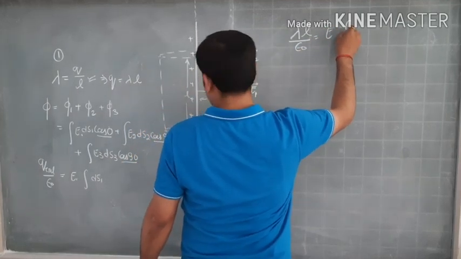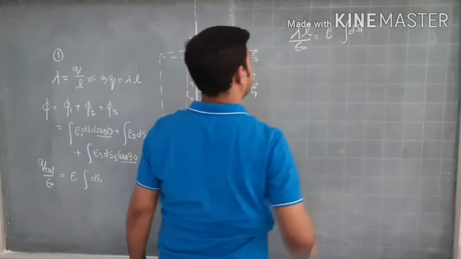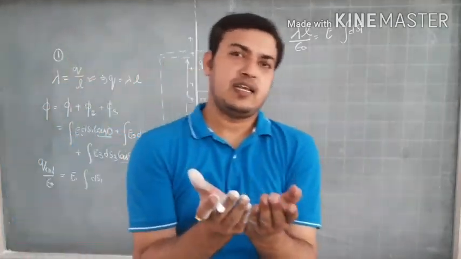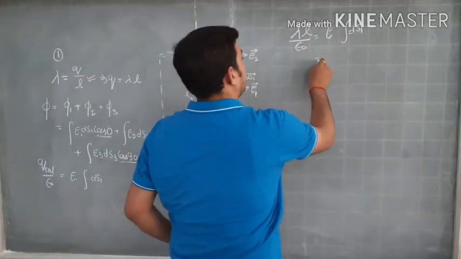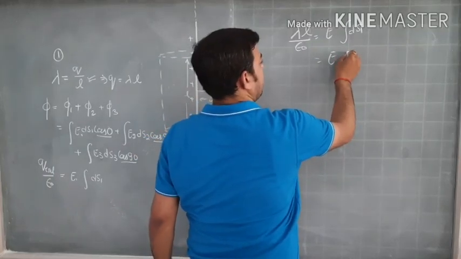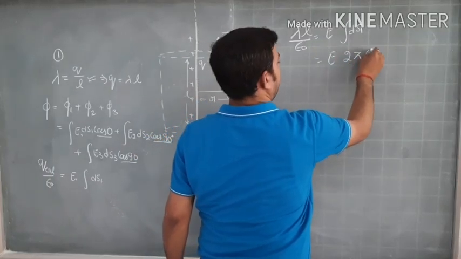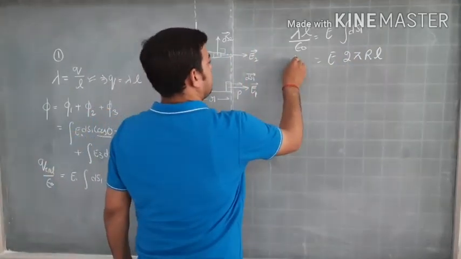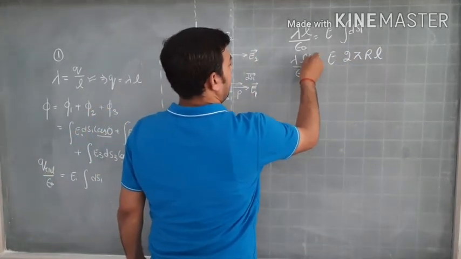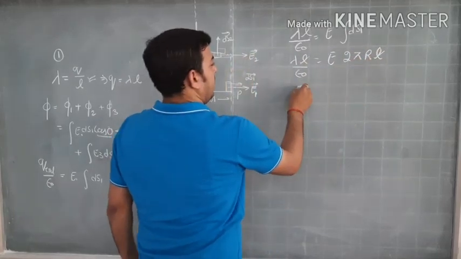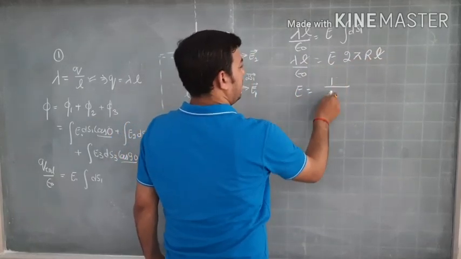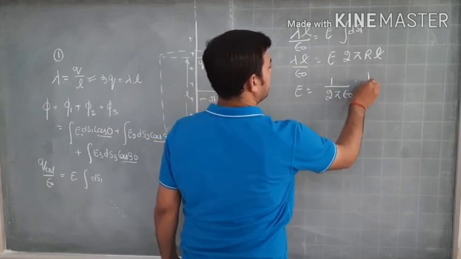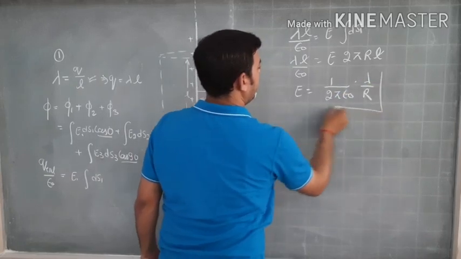This ds1 is the curved surface of my cylinder, and the total curved surface of the cylinder is nothing but 2 pi R L. This equals lambda L by epsilon naught. L will cancel out, and on rearranging, the electric field will be 1 by 2 pi epsilon naught times lambda by R.